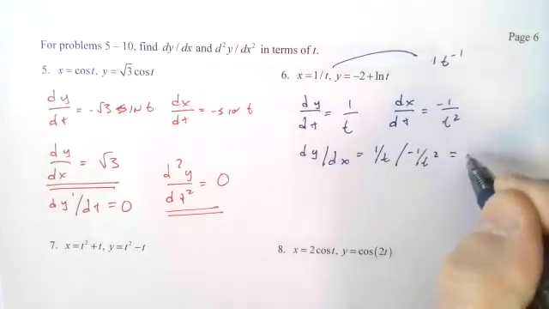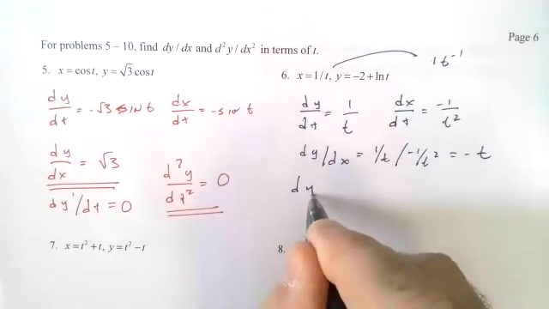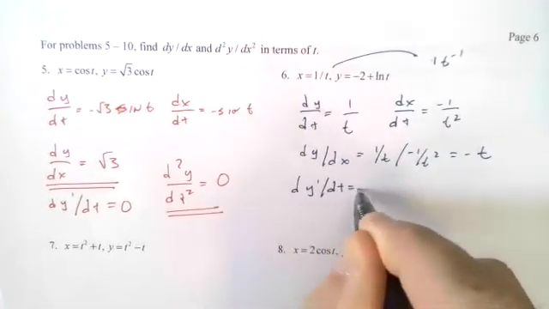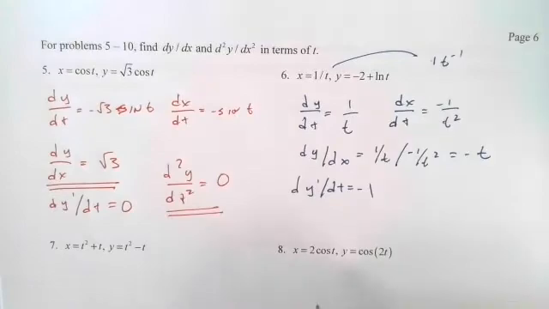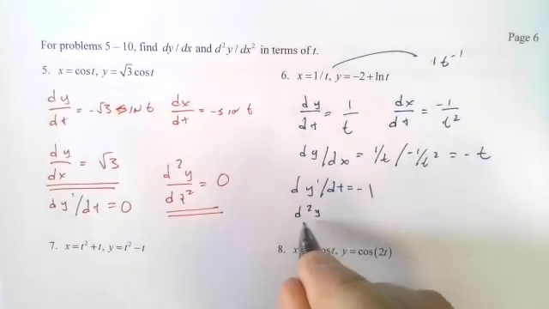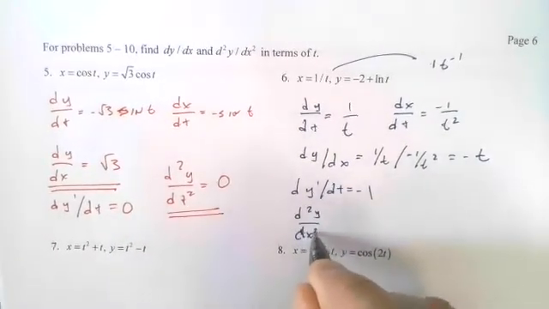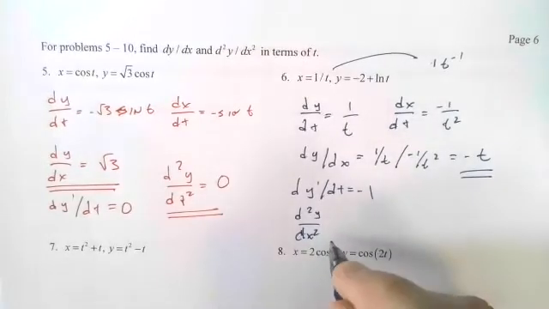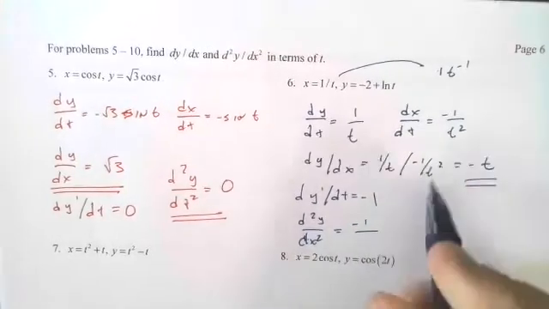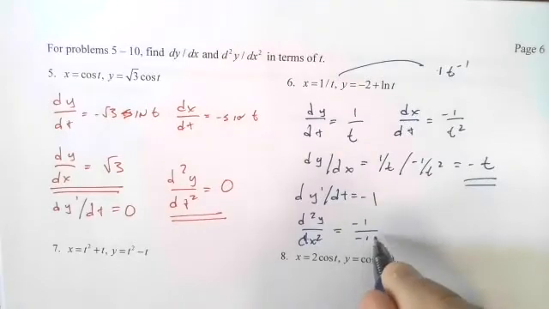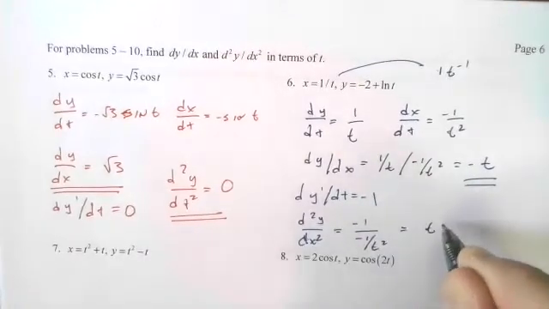Flip and multiply, negative t. d/dt of y prime equals negative 1. So therefore, d squared y over dx squared is negative 1 over negative 1 over t squared, which is t squared.